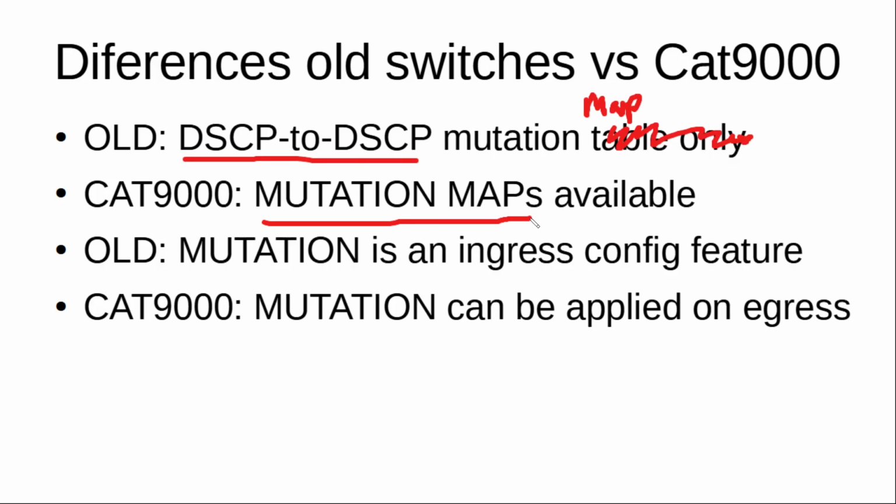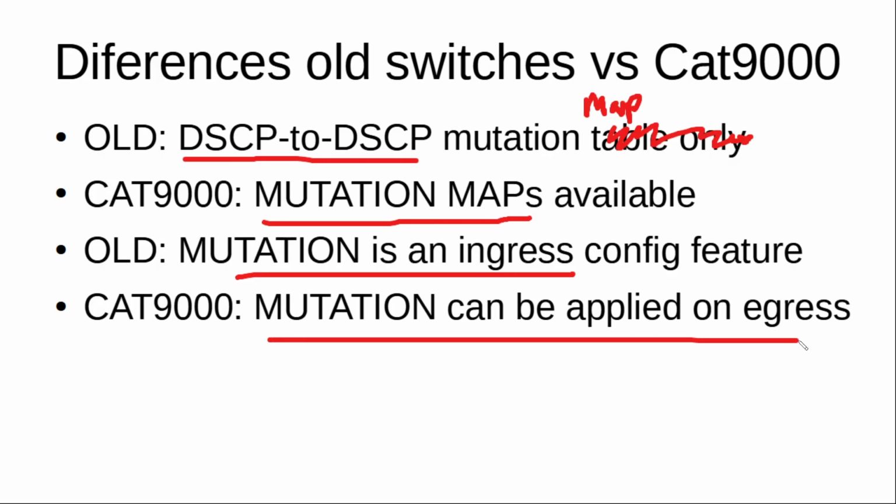We can have CoS to DSCP, IP precedence to DSCP, quality of service groups to DSCP. So we have more options available. And with the old configuration, mutation is an ingress feature, and now the Catalyst 9000 documentation establishes that mutation can be applied on egress.